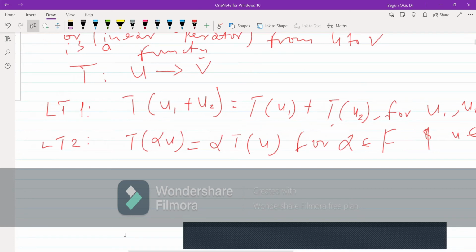They are very useful and we are going to use them along the line. Now remember, condition 1 and condition 2 can be combined to give an equivalent condition.